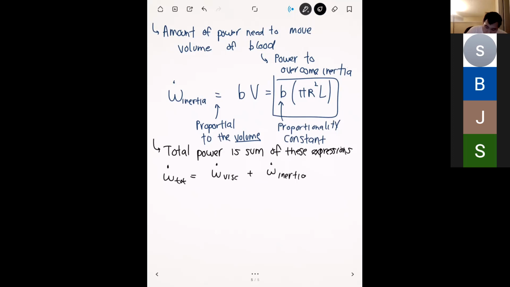If we plug in our expressions, starting with the viscous one, it's 8 mu L over pi r to the 4th times q squared, plus what we have up here, which is B times pi r squared L.